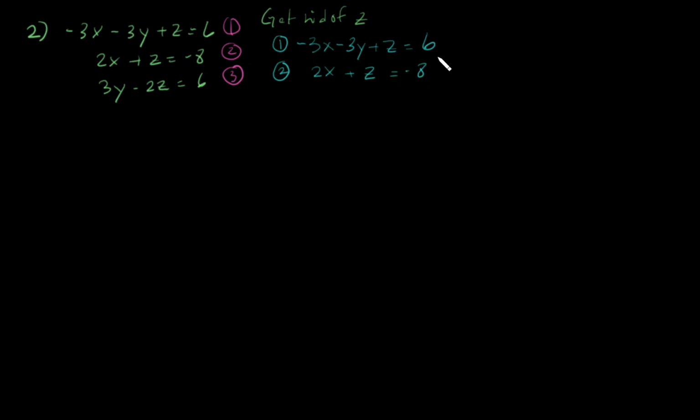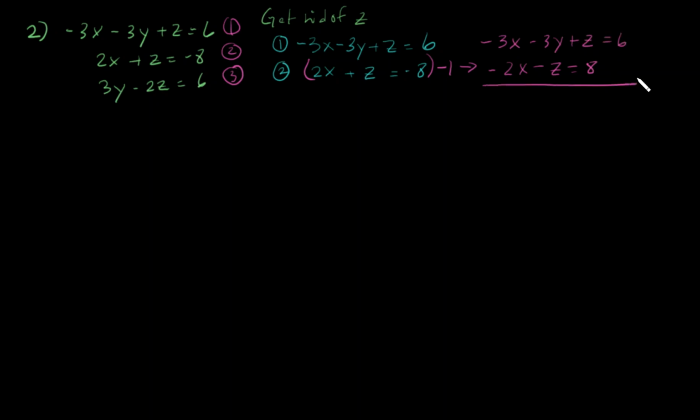Now, in order for you to get rid of z, you need to multiply one of the equations by a negative 1. And when I do that, I end up with a negative 2x minus z equals 8. And our original first equation was a negative 3x minus 3y plus z equals 6.